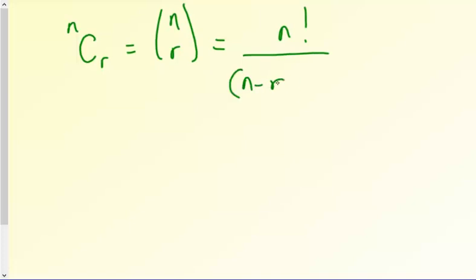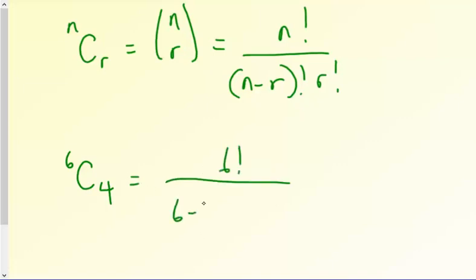So the formula for these combinations, we could write like this. NCR, or could write it like that, is n factorial over n minus r factorial, r factorial. So if I was asked to work out 6C4, then I'm doing 6 factorial over 6 minus 4 factorial, 4 factorial.